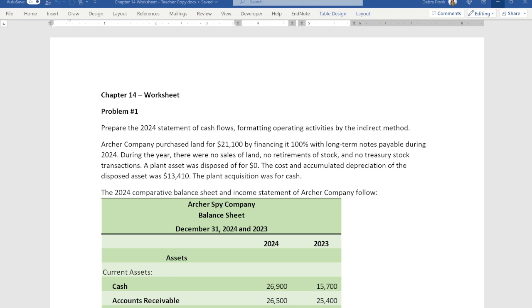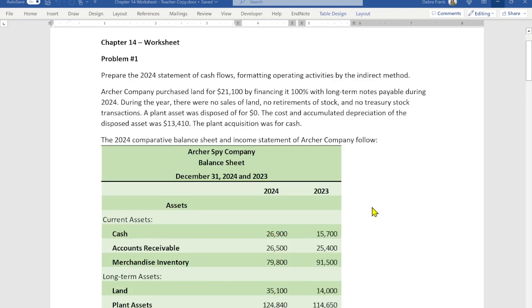And so we can see here we have a problem where we want to prepare that statement of cash flows, and we're going to format using the indirect method. They purchased land for $21,100 by financing 100% with long-term notes payable during 2024. We'll get to that in another bite-sized video.